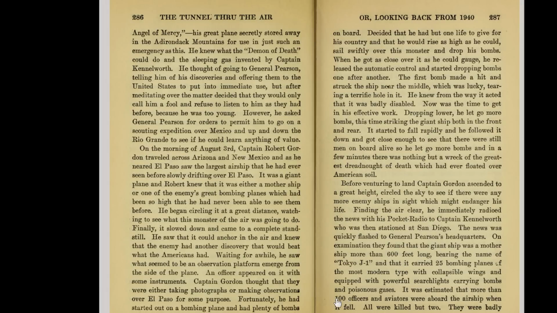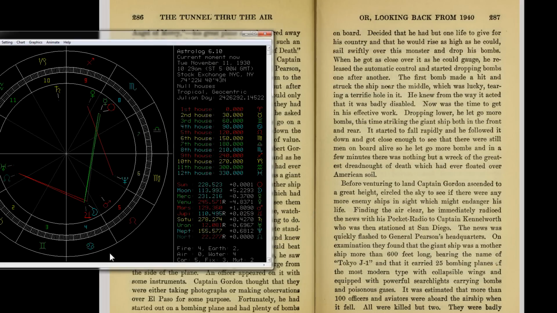We've got the 100 telling us how many days it was from this date to the actual occurrence of what was happening astrologically. We have the number of bombing planes indicating the number of orbits of the moon. In other words, we had a cause over here, and we had the effect at the end of the war, which was the end of the war.